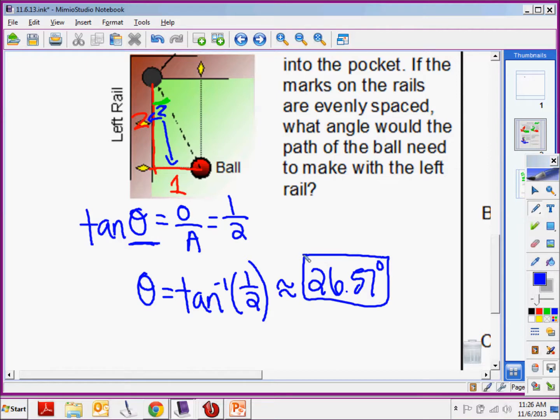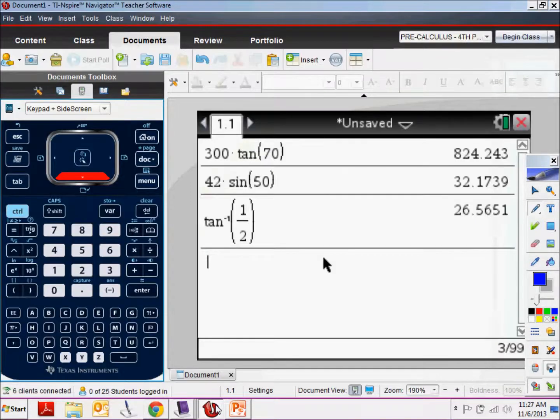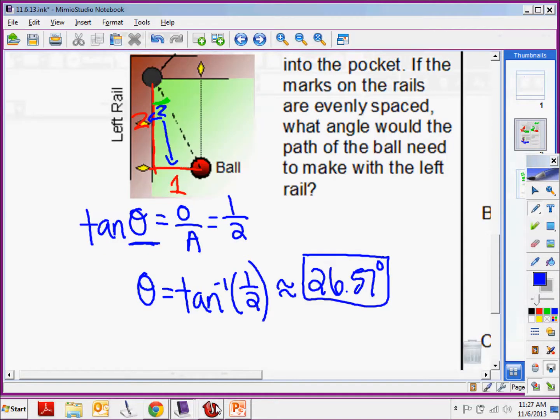I didn't get the whole concept of this one because of the marks and stuff. Okay. Just pretend like it's inches. If it says that each mark represents 1 inch, if this is 1 inch, how many inches is this? 2 inches. It's just how many marks there are. So if I have a triangle and they tell me that this is 1 inch and this is 2 inches and it wants to find this angle, what do I have?